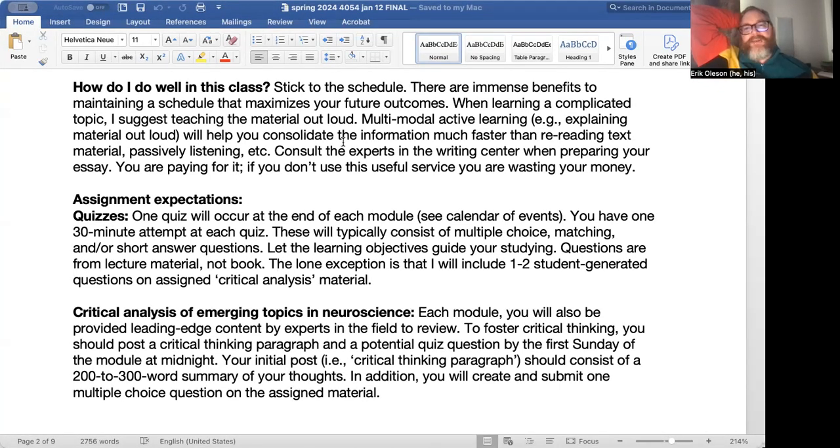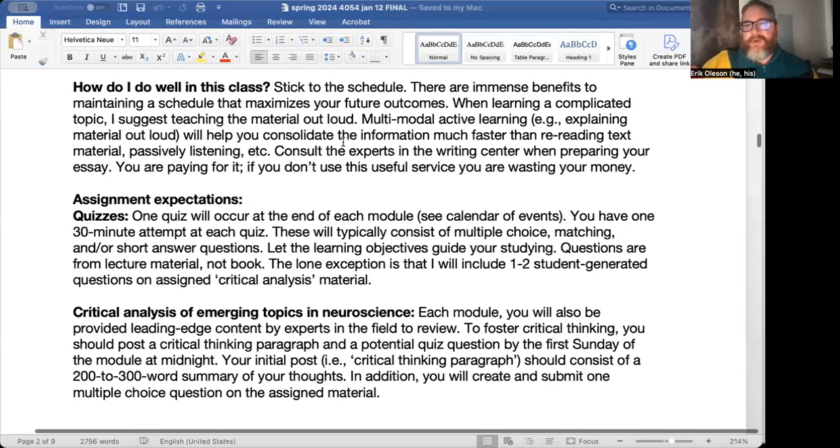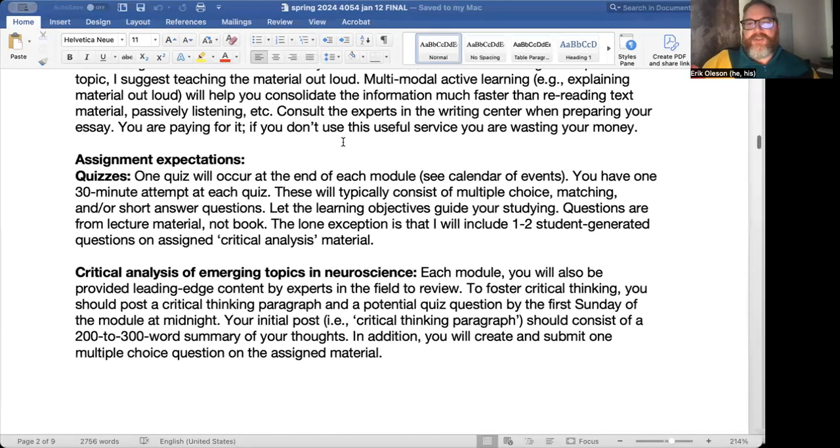Saying the words out loud in your own voice will help you learn them much more efficiently than trying to listen to me passively through lecture alone or just rereading your notes to yourself in your head.